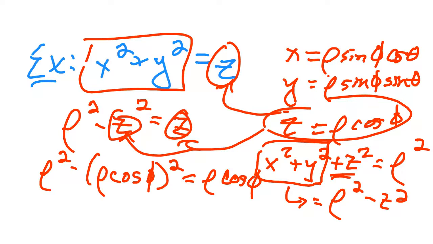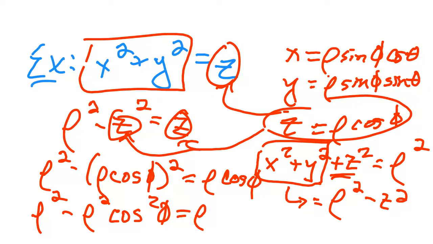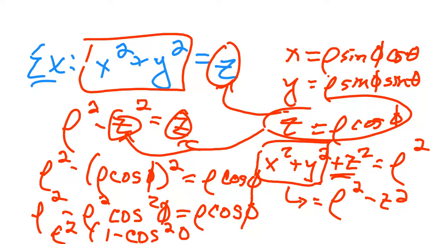Anyway, so this is rho squared minus rho squared cosine squared phi equals rho cosine phi, right? And then I can factor out a rho squared, and I'm left with 1 minus cosine squared phi, and that equals rho cosine phi.